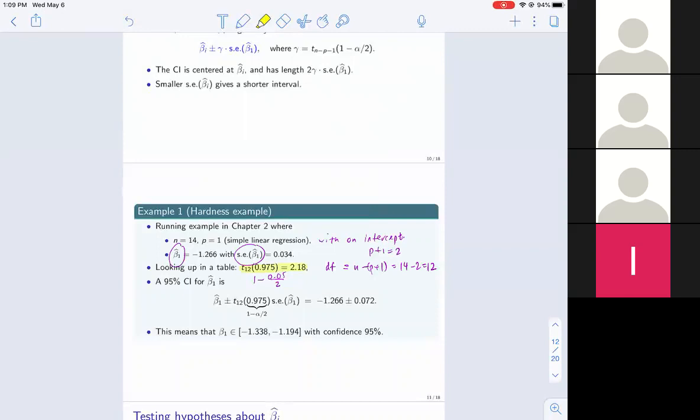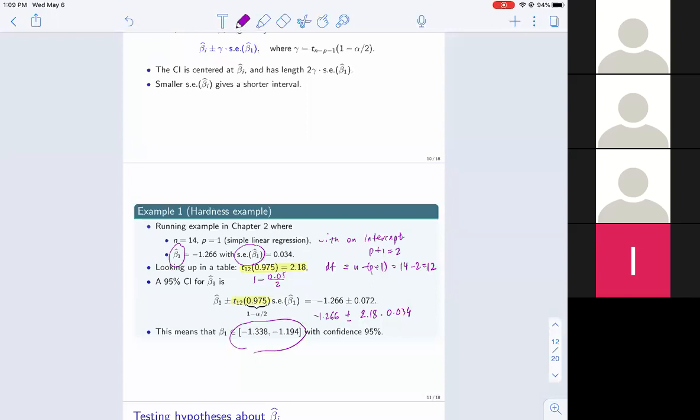So my confidence interval would be minus 1.266, that's beta hat 1, plus or minus 2.18 times 0.034. That's the standard error. And so this gives you a confidence interval, which evaluates to this.